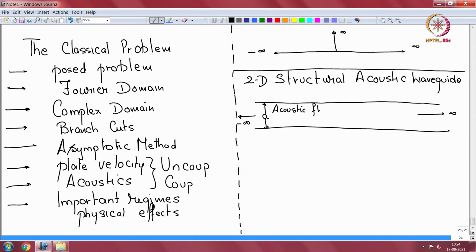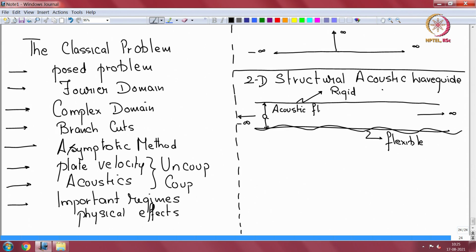Now the top is rigid. This surface is rigid. And the bottom surface can carry a flexural wave. It's flexible. The bottom is flexible. So from the earlier problem, here one dimension is bounded.